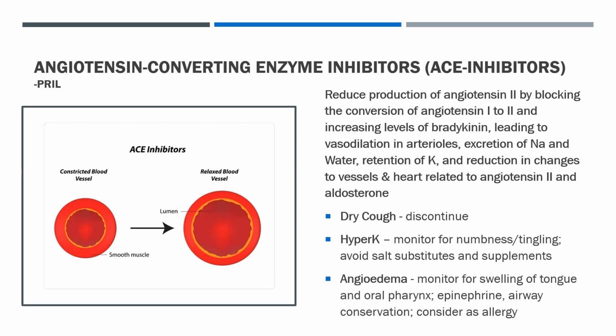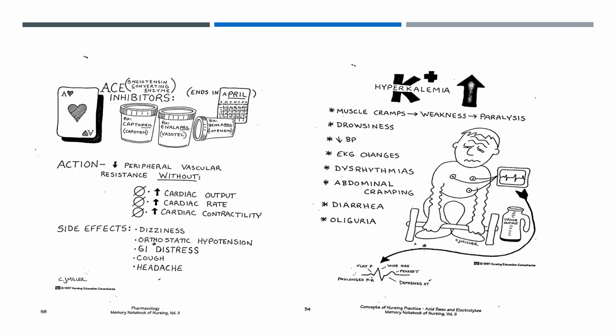Often salt substitutes contain potassium. So we need to be mindful and educate clients about this so that they don't end up with hyperkalemia in the near future. So here are some little mnemonics, again, about hyperkalemia and ACE inhibitors.